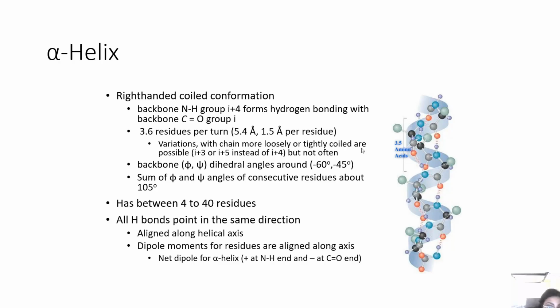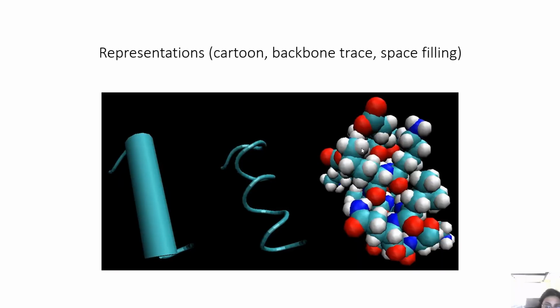Variations with side chains more loosely or tightly coiled are possible, but not often. Backbone dihedral angles are around -60, -45. Sum of phi and psi angles of consecutive residues is about 105 degrees. Has between 4 to 40 residues. All H bonds point in the same direction, aligned along the helical axis. Dipole moments for residues are aligned along the axis, giving a net dipole for the alpha helix.